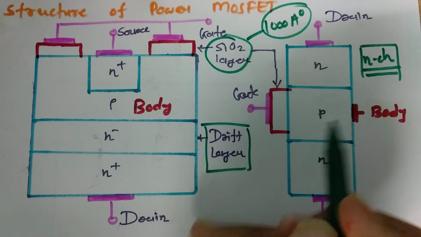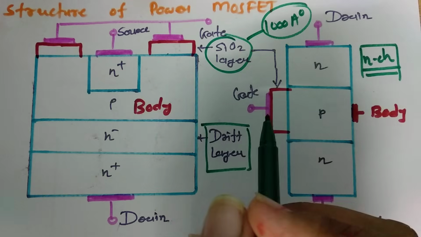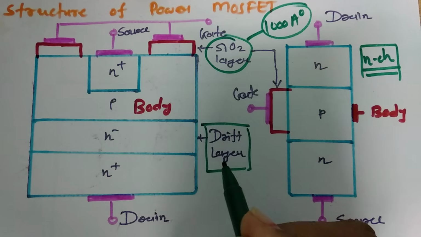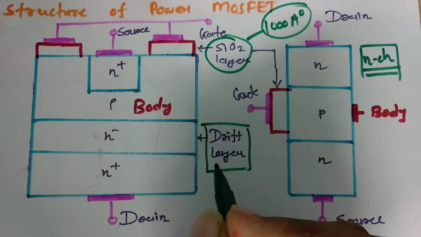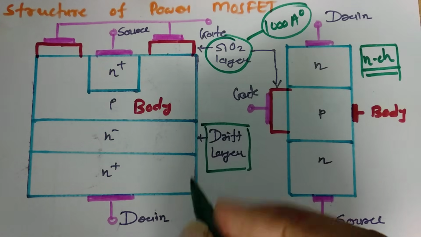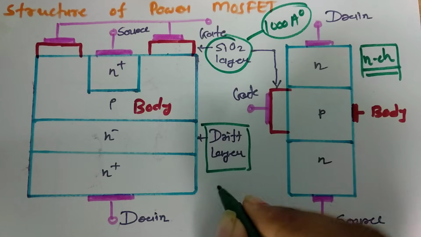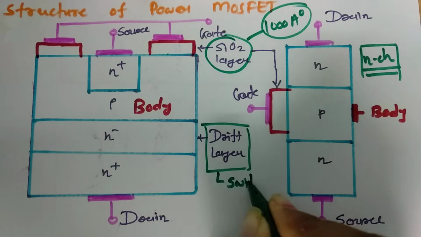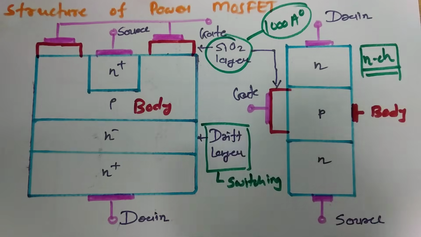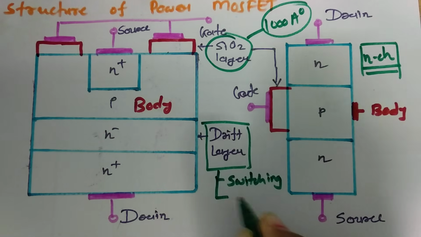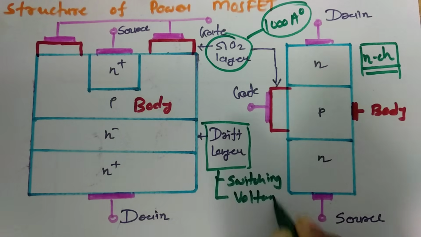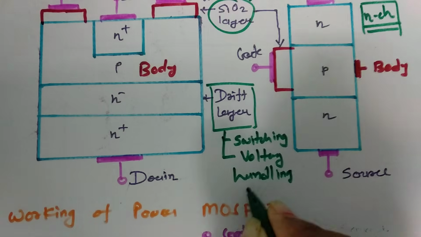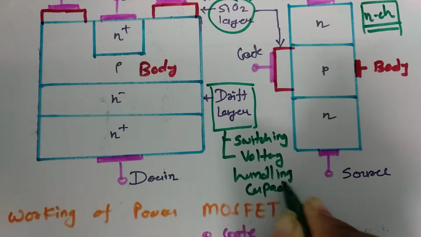Both are the same, the only difference is the n minus layer that we connect in power MOSFET. This is also a MOSFET, but in power MOSFET the n minus layer is the drift layer, which will improve switching speed as well as voltage handling capacity. So because of the drift layer, switching will improve as well as voltage handling capacity.